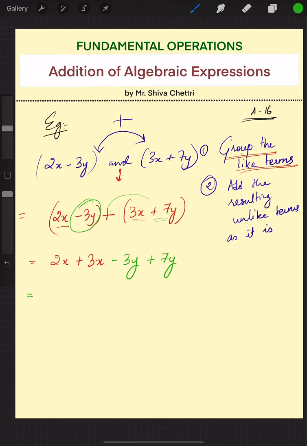Now how do we add algebraic expressions? That is the most important factor. While adding, we can do it in two ways, that is the horizontal method or the column method. So what do we do in the horizontal method? Let us see. I'll do both the processes.